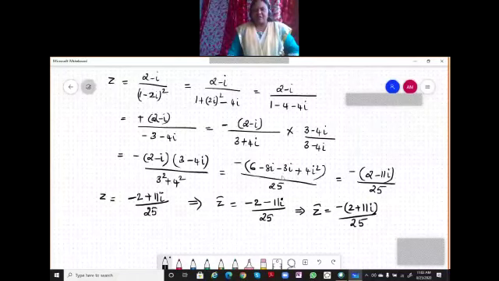That's all. So in this way we show that those two are conjugate to each other. Already we got this. This is the given one. Let us check what is given.